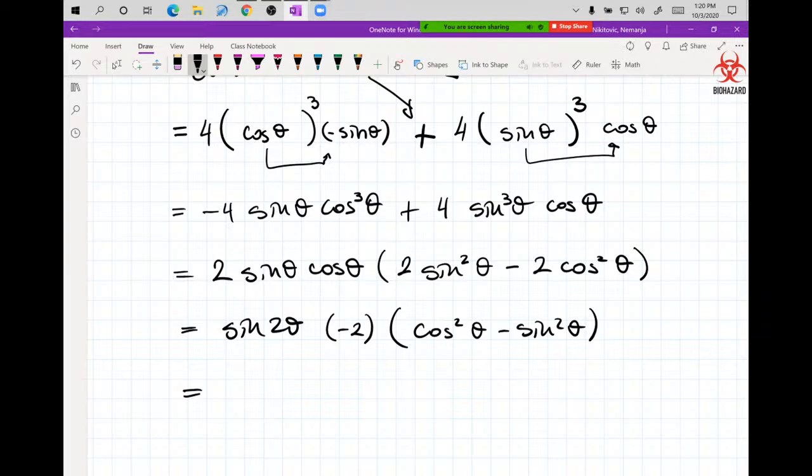Isn't that your Pythagorean identities? Pythagorean identity is with plus, and it's equal to 1. But when it has a subtraction like this, it is this thingy with a cosine, double angle. So sine 2 theta times -2, I should have put -2 in front. So -2 sine 2 theta cosine 2 theta.